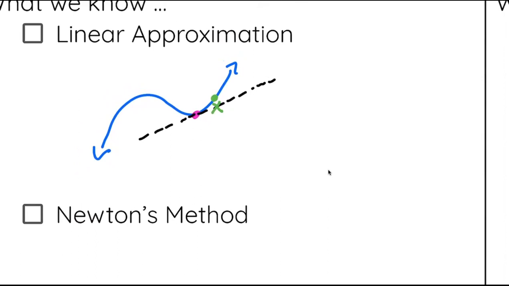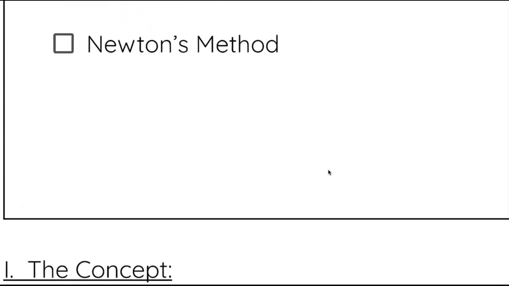Okay. Now, the second type of approximation that you may or may not be familiar with is something called Newton's method. And what is a little bit different about Newton's method is that it is iterative. I had to think about how to spell that for a moment, but it's iterative, meaning that you do this more than one time, this process of Newton's method.